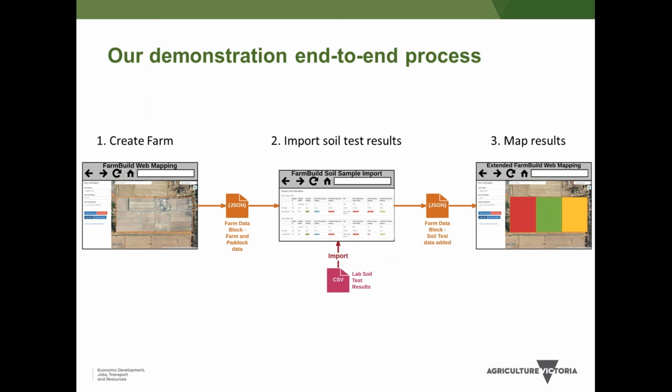He also showed you how the farm data block is used to transfer information between those sections. And lastly, how you can relatively easily extend the API in the examples to add a piece of additional functionality that we didn't do in the first instance, in this case, coloring up the paddocks by the soil sample results that we've got.